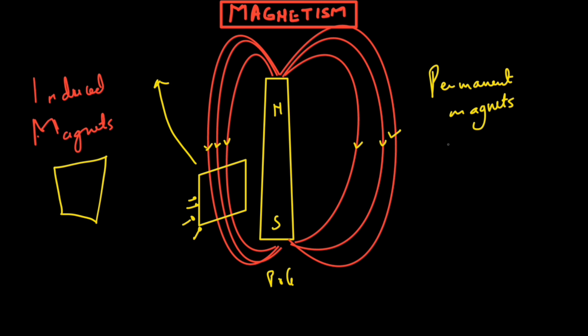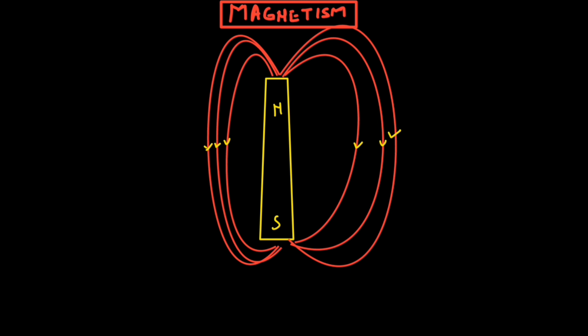Permanent magnets can attract and repel since they have north and south poles. Induced magnets can only attract. Just keep that in mind. Magnetism is a type of non-contact force.